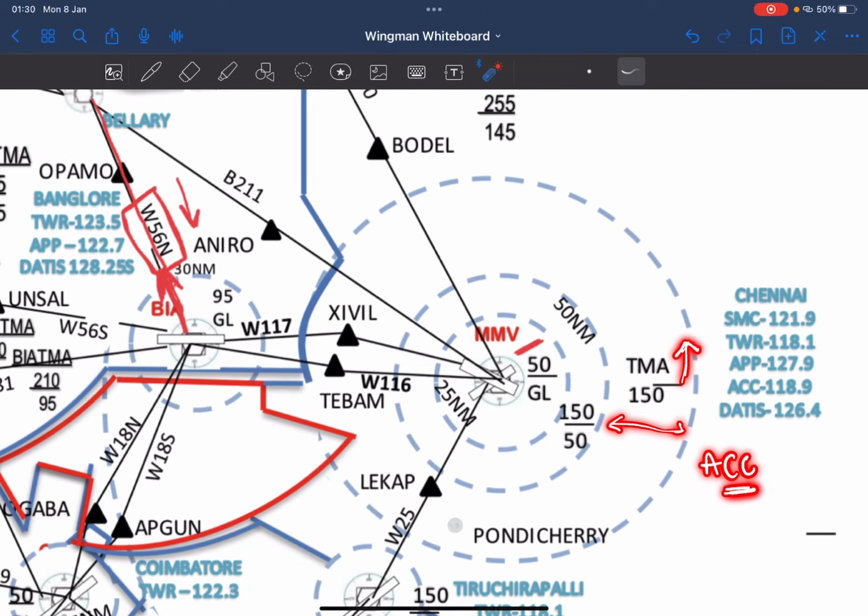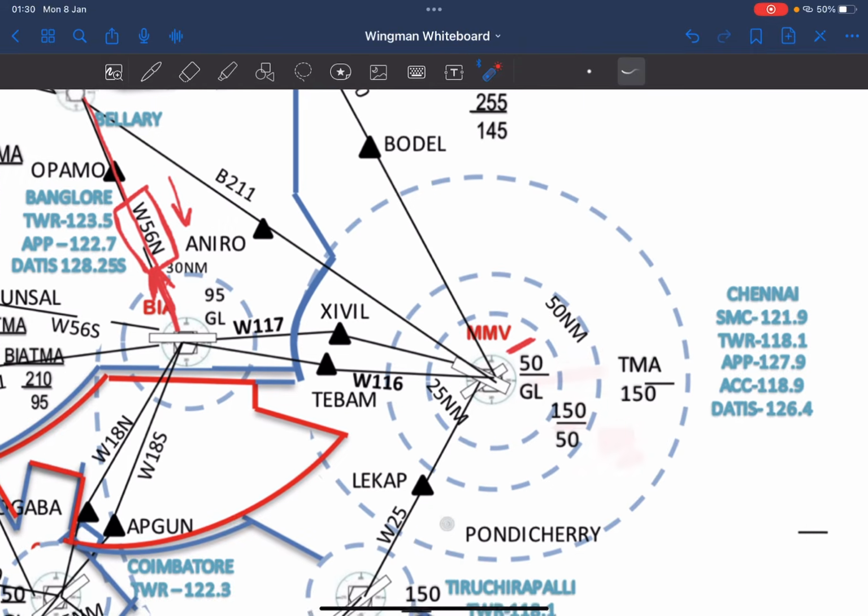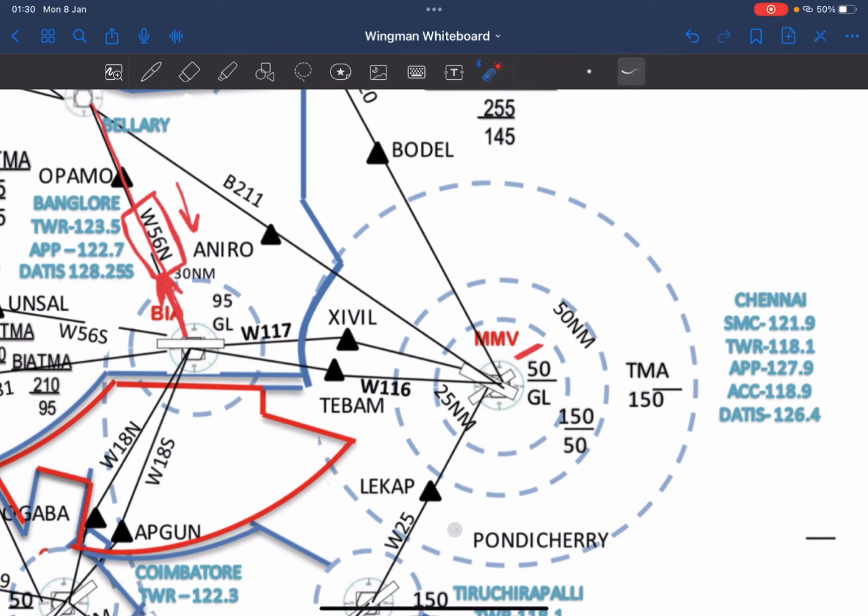So vertically and horizontally, both ways, he is going to contact area control. Anything below 150 and above 50, within 50 nautical miles from the station, he's going to call approach. And anything lesser than that, he's going to call the tower.